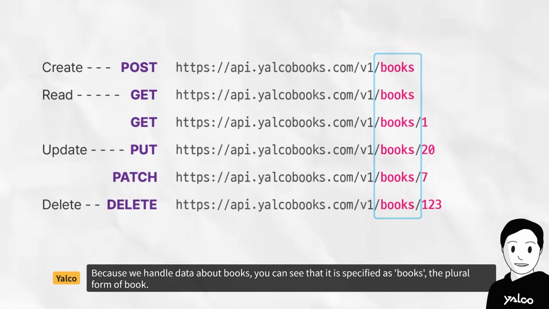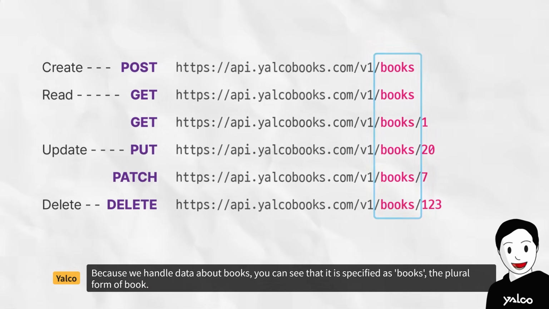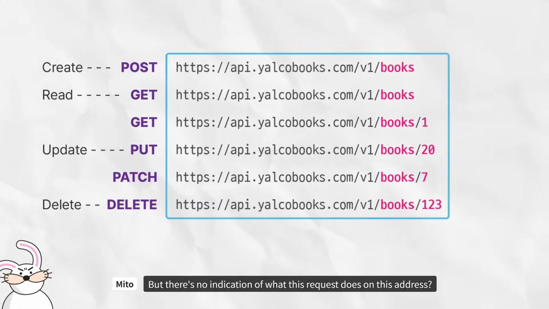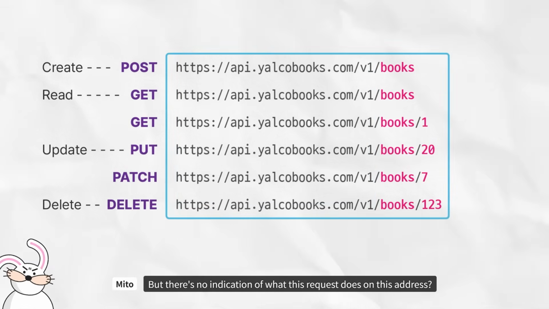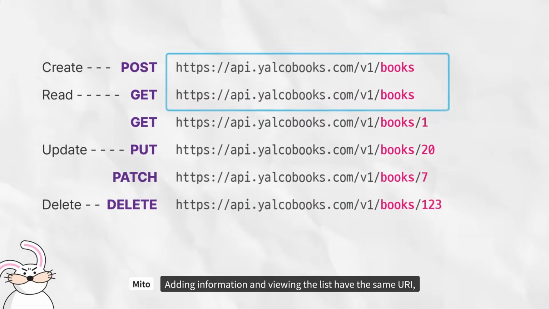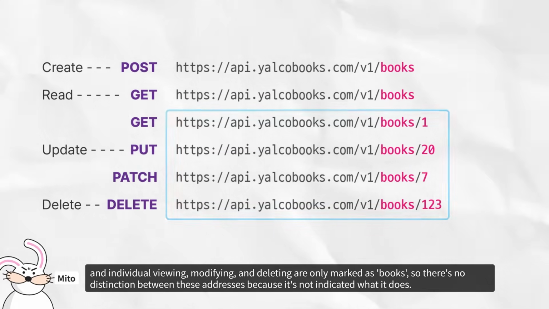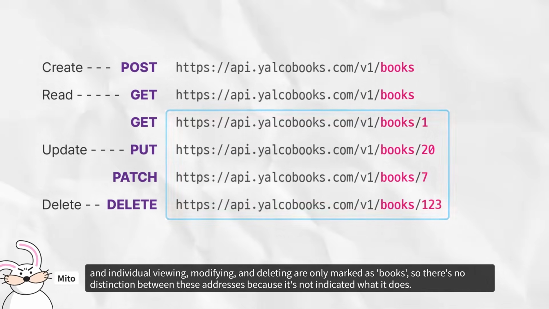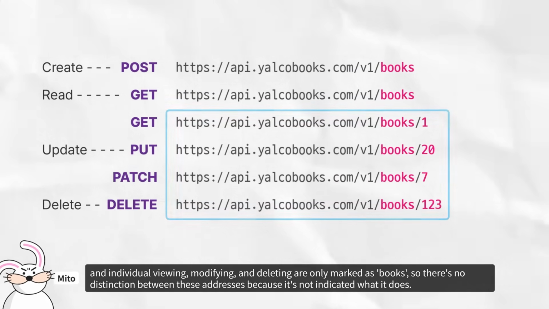Because we handle data about books, you can see that it is specified as books, the plural form of book. But there's no indication of what this request does on this address. Adding information and viewing the list have the same URI, and individual viewing, modifying, and deleting are only marked as books, so there's no distinction between these addresses because it's not indicated what it does.